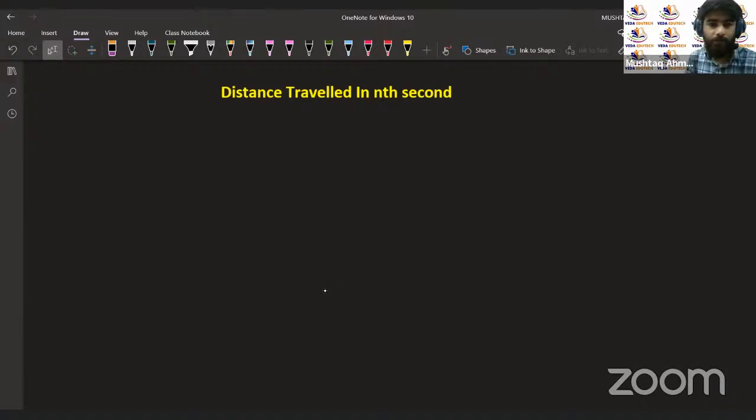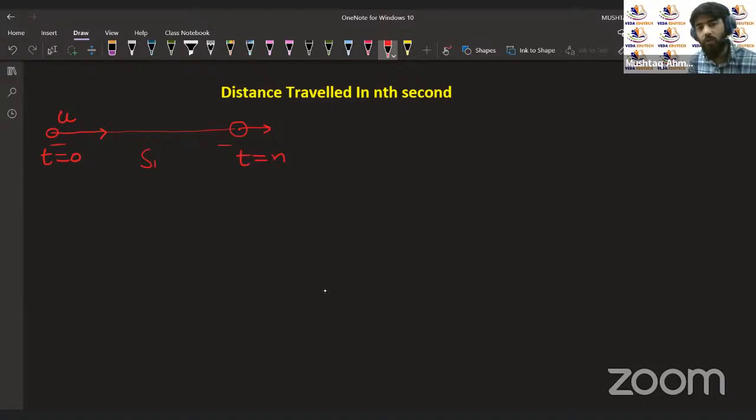Let's suppose that the particle is moving with some initial velocity u at time t equal to 0, right? And after some time t equal to n, the particle reaches this point, and the distance traveled by this particle is equal to Sn.